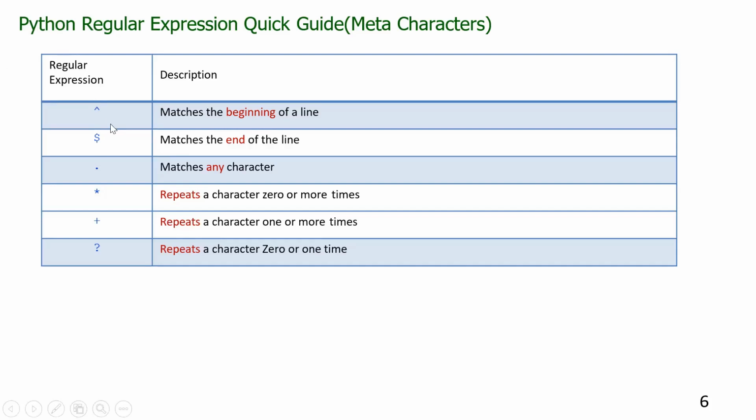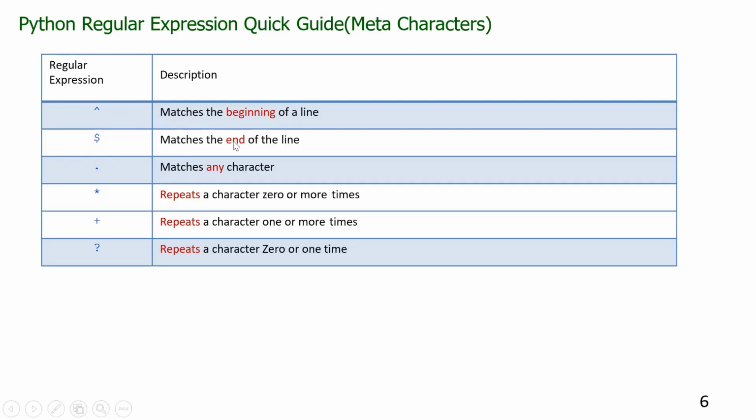If you give this symbol before a pattern, it matches the beginning of a line. That pattern should be at the beginning of the line, then only you will get that match. If that pattern is not at the beginning of the line, it doesn't match.